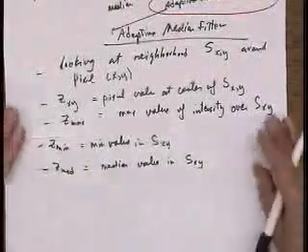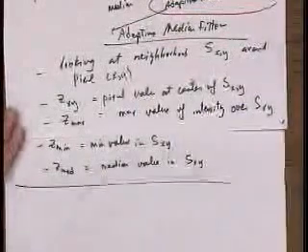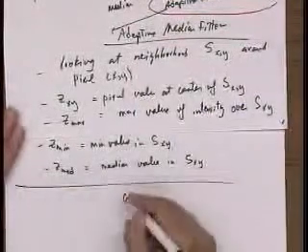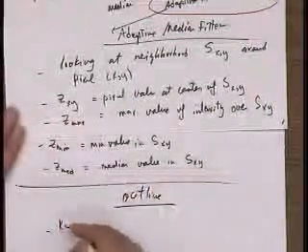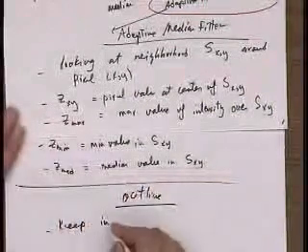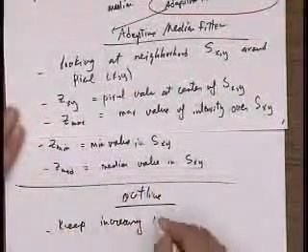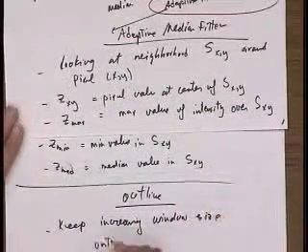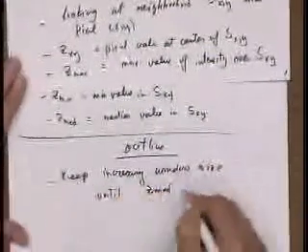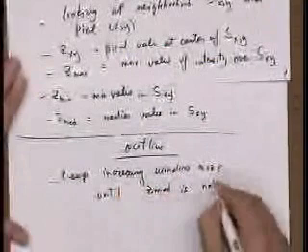Okay, so the gist of this adaptive median filtering approach is like this. Here's an outline. Basically, you want to keep increasing the window size until Z-med is not an impulse.